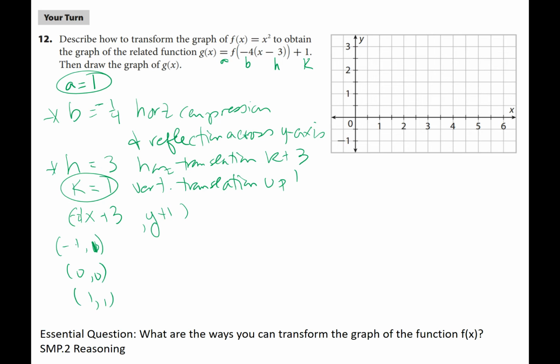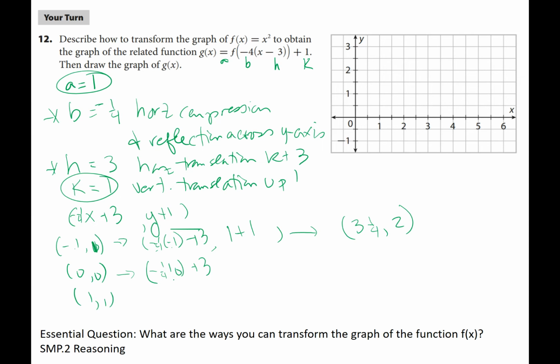All right, so let's see, negative 1. Negative 1/4 times negative 1 plus 3. Negative 1/4 times negative 1 is 1/4, plus 3 would be 3 and 1/4. And then we put the 1 into the y plus 1, so 1 plus 1 is 2. Then we have negative 1/4 times 0 plus 3.